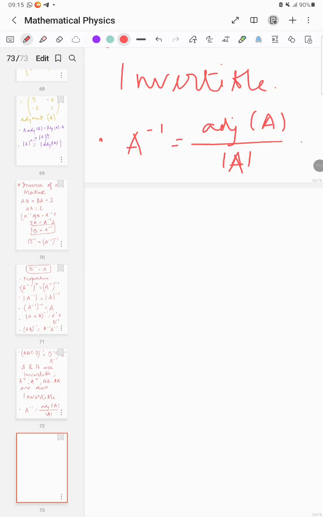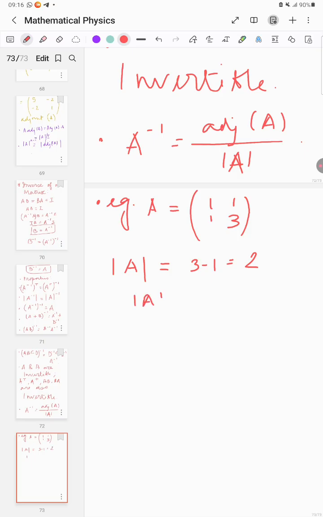Now let us solve an example. What does the example say? It says find A inverse where A is equal to 1 1 1 3. Alright. Now determinant of A is 3 minus 1, which is equal to 2.